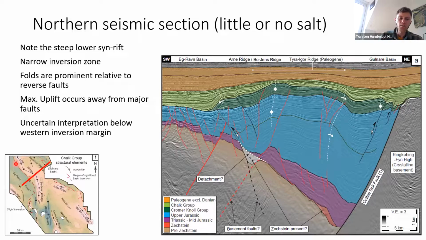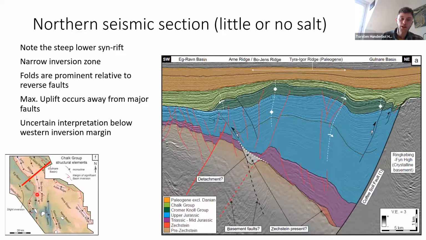It's very likely that shortening was not perfectly perpendicular to the rift bounding master fault in this area. But a funny thing is, in the crest of the Boyens Ridge, the north-south anticline, we do see small northeast-southwest striking normal faults, and that fits quite well with a north-northeast, south-southwest directed shortening that reactivated a north-south lineament.